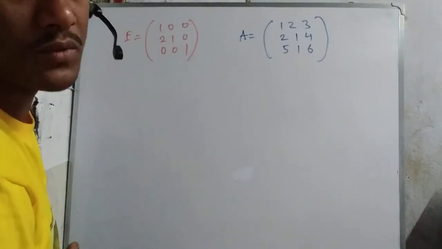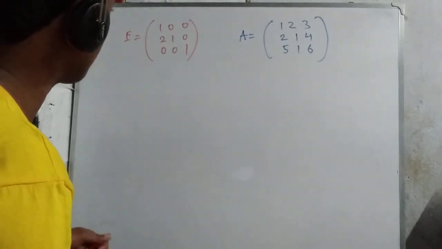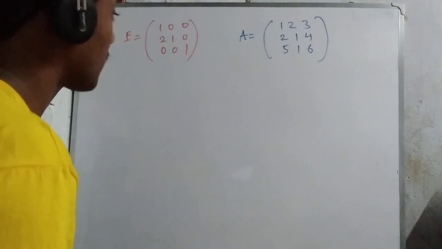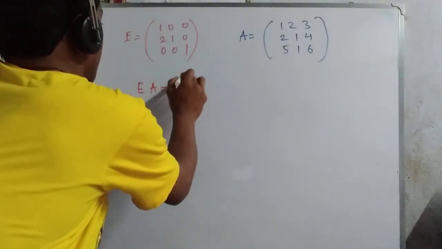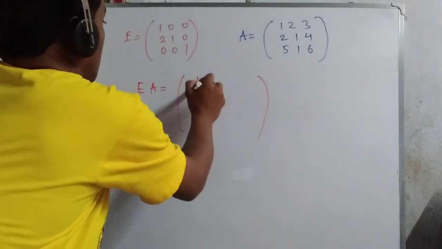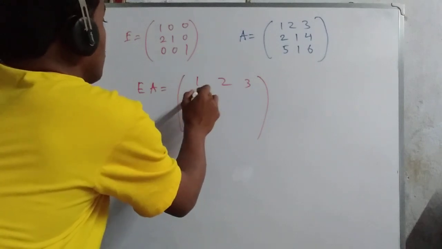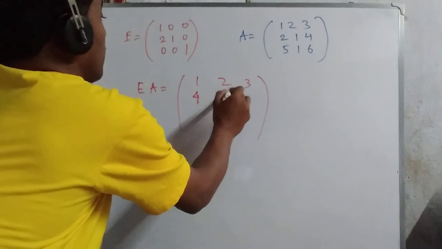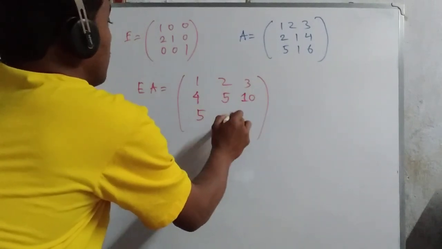First row multiplied by 2 and added to the second row. So here EA we obtain in this way: 1 2 3, first row multiplied by 2 gives 2 4 6, added to 2 1 4 gives 4 5 10, and we have 5 1 6.